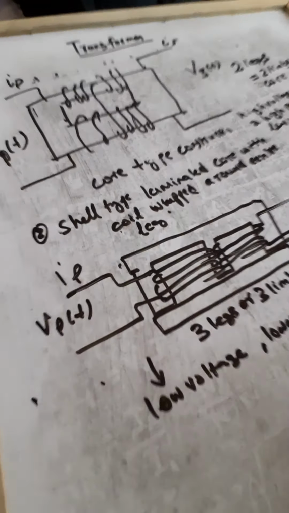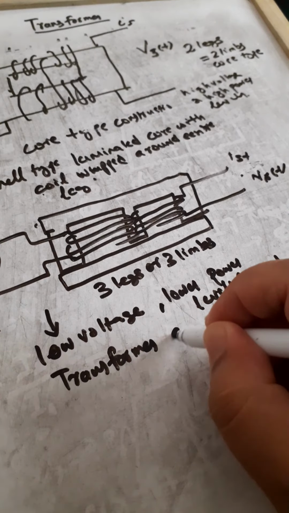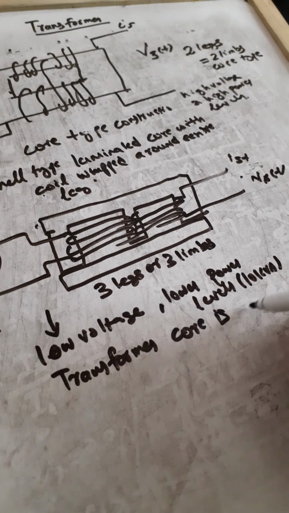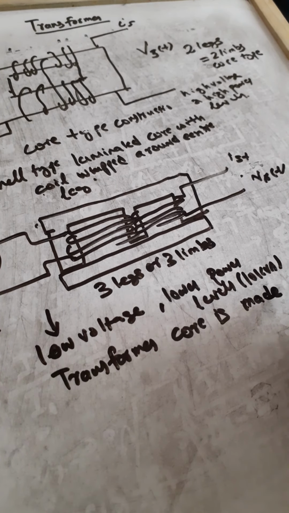So basically we can say the transformer core is made from cold rolled grain oriented steel to reduce core losses.